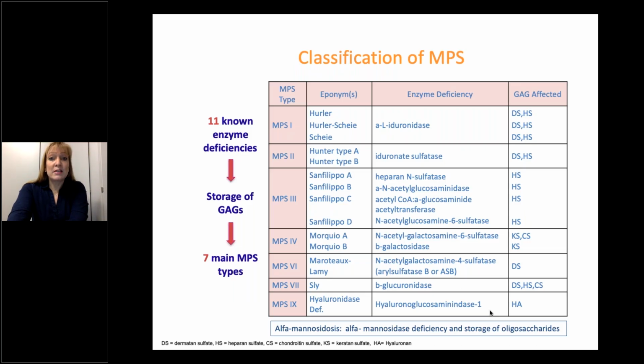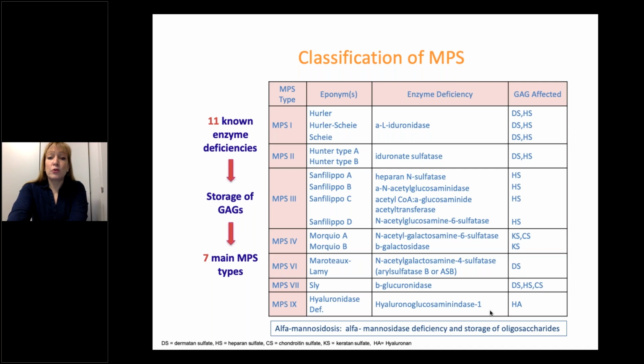To show you the classification of MPS: in alpha-mannosidosis, it is one disease. We have a deficiency of alpha-mannosidase and storage of oligosaccharides. In MPS, it is a little more difficult because it is not one disease, but 11 known enzyme deficiencies that lead to storage of different GAGs and to 7 main types of MPS.